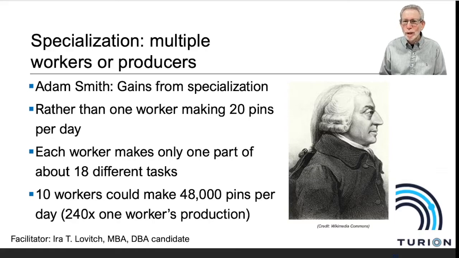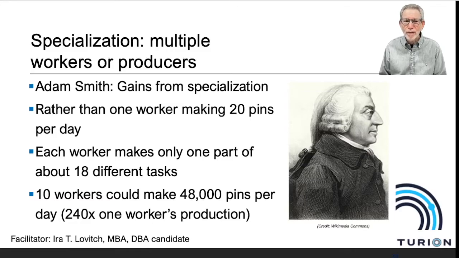Each worker, instead of making one pin in his example, would specialize and concentrate on one of approximately 18 different tasks that were necessary to make a pin. And by the workers specializing and each one doing approximately one of those 18 tasks and getting good at it because they did it over and over again, 10 workers could make 48,000 pins per day.